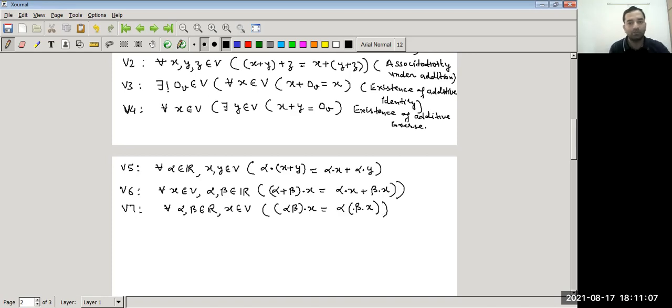And the eighth property: 1 into x is equal to x. Here, for all x belongs to V, we can write 1 into x equal to x, or we can write there exists 1 belongs to R such that for all x belongs to V, 1 into x is equal to x.